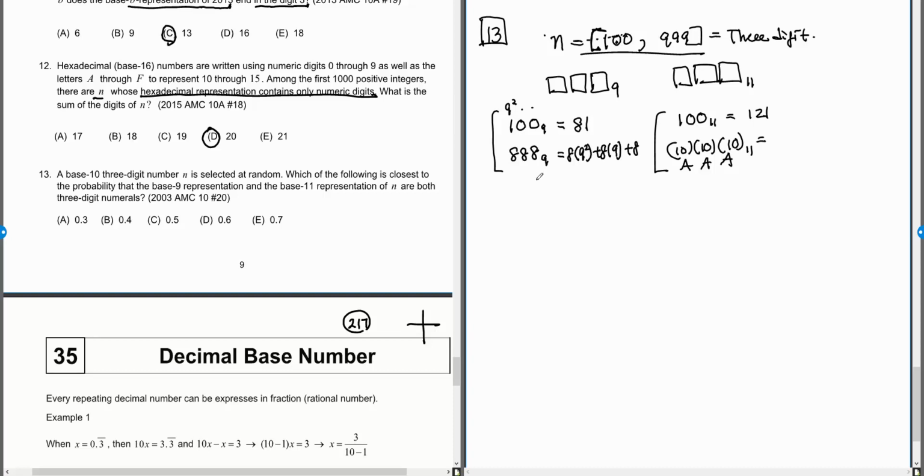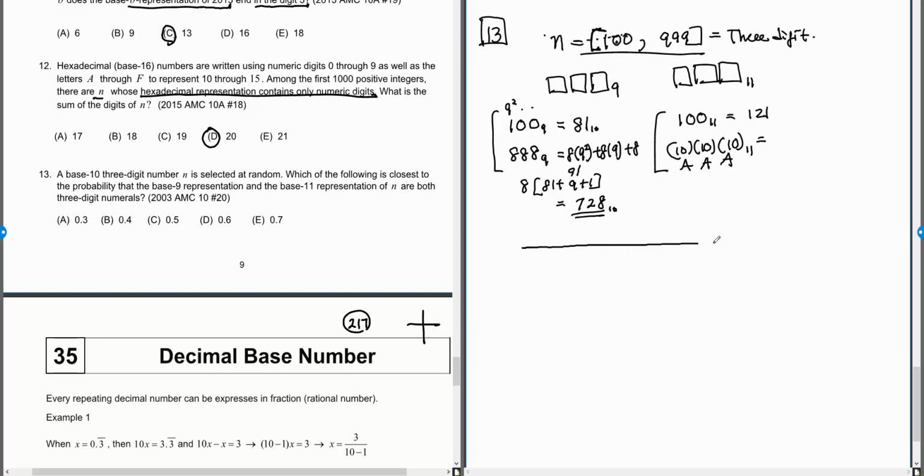How much is this? 8 times 81 plus 72 plus 8, so 648 plus 80, that is 728. That is the largest number in base 10 for base 9.